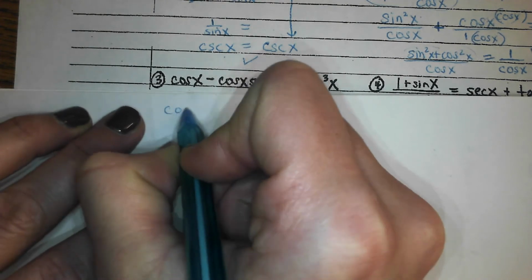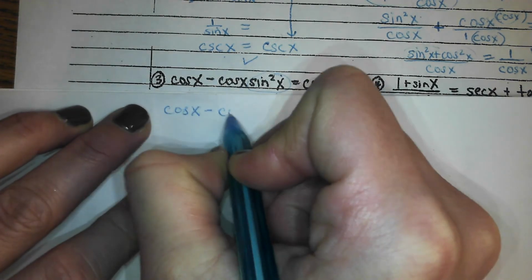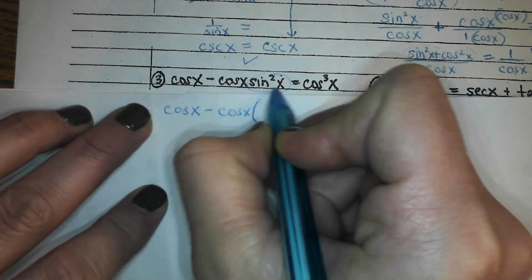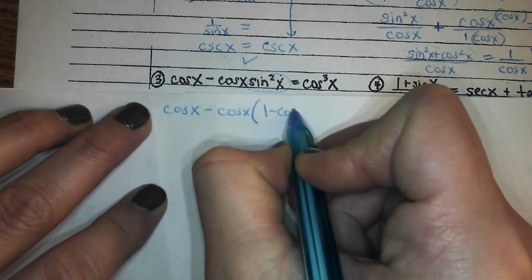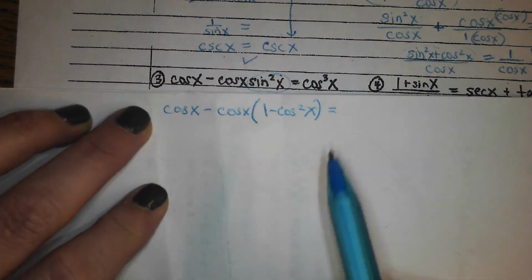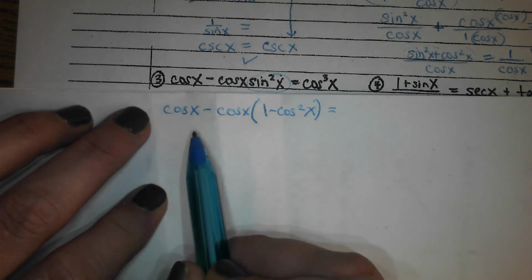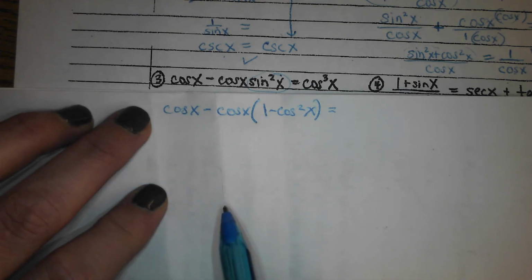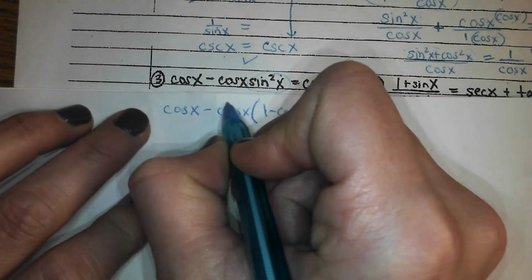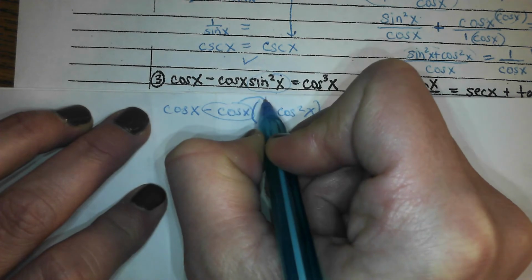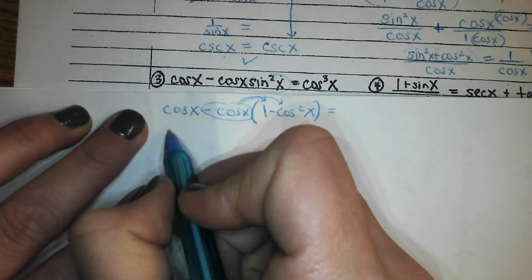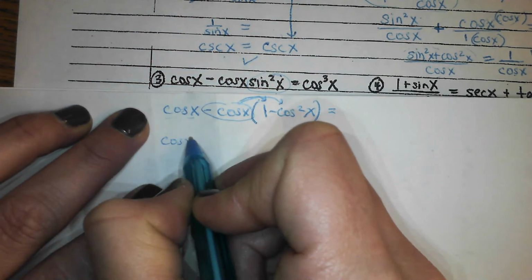Sometimes it works, sometimes it doesn't. So cosine of x minus cosine of x, parentheses, and I'm replacing the sine squared with 1 minus cosine squared. And simplifying would tell me on this side I need to do what next? Starts with a D and ends with distribute. I'm going to distribute a negative cosine x. So this first cosine x is still there.